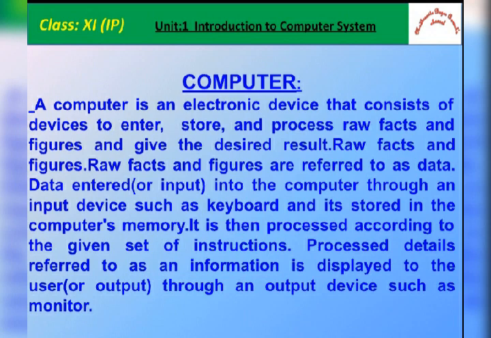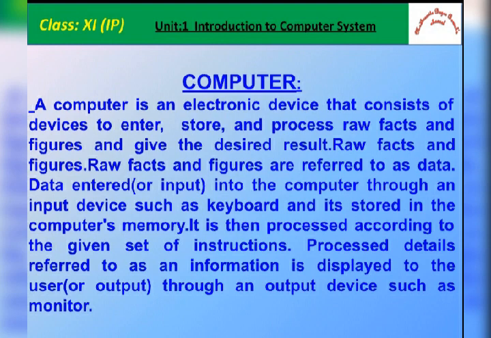Definition of computer: a computer is an electronic device that consists of devices to enter, store and process raw facts and figures and give the desired result. Raw facts and figures are referred to as data.